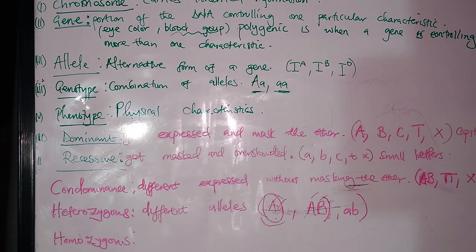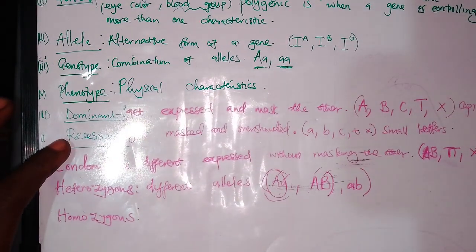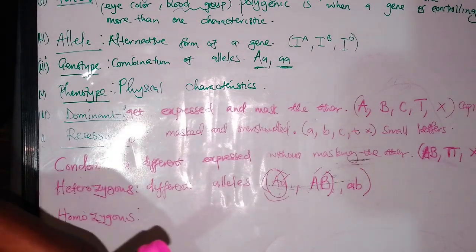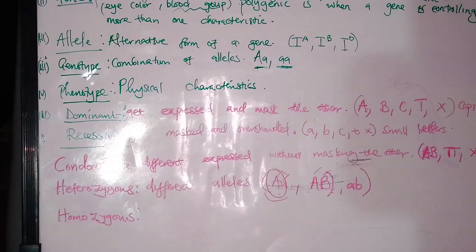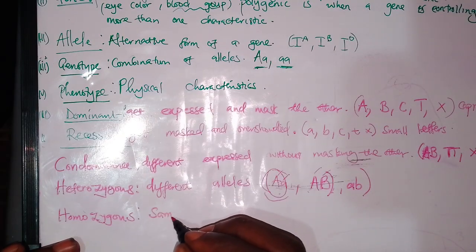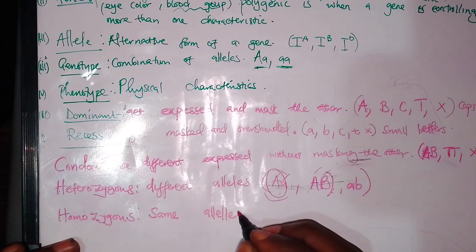Then the next thing we are going to talk about is homozygous. Whenever we're talking about homozygous, this is just the opposite of heterozygous. This is the same alleles now. So an organism has the same alleles.